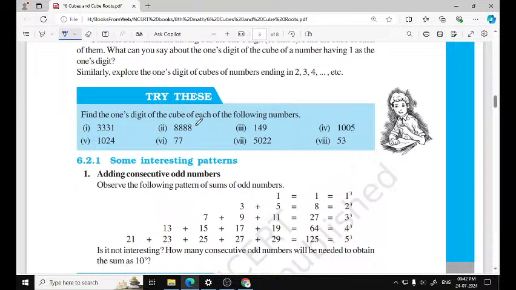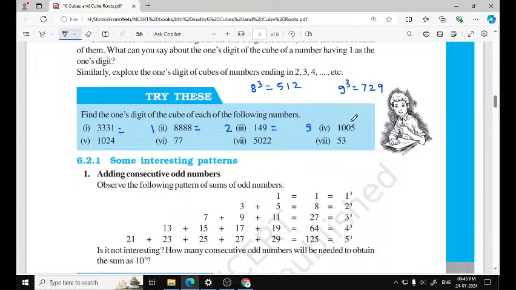Here the ones digit is 8 and 8 cube is 512, therefore the ones place digit is 2. Here the ones digit is 9, 9 cube is 729, so the units place digit of this number is 9.